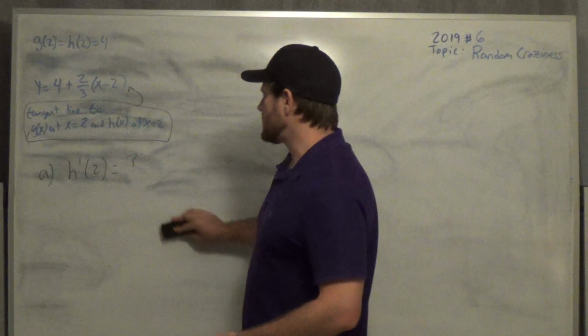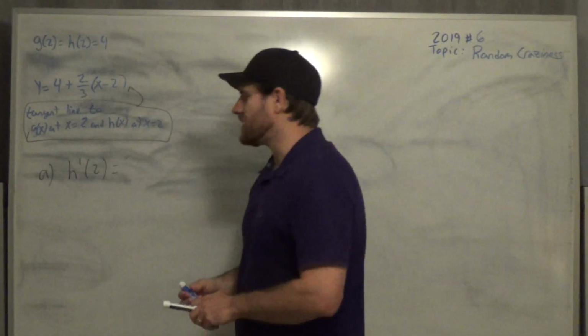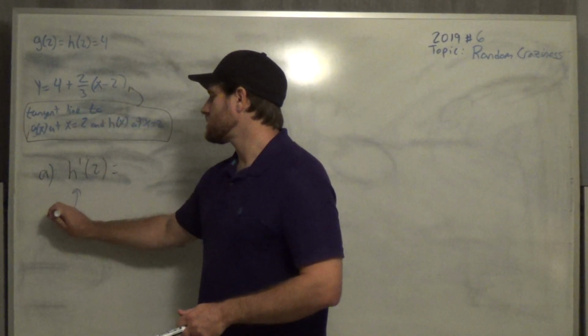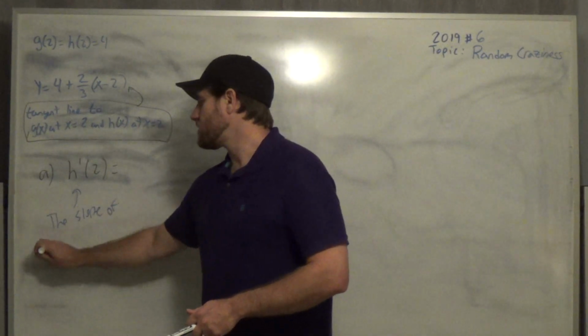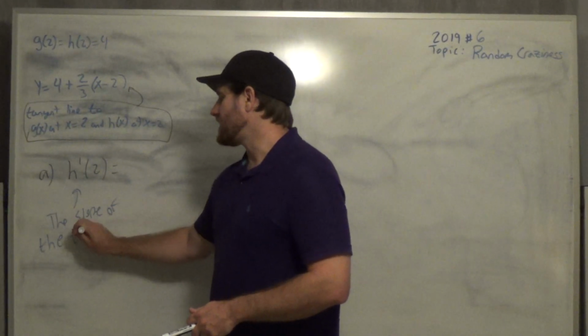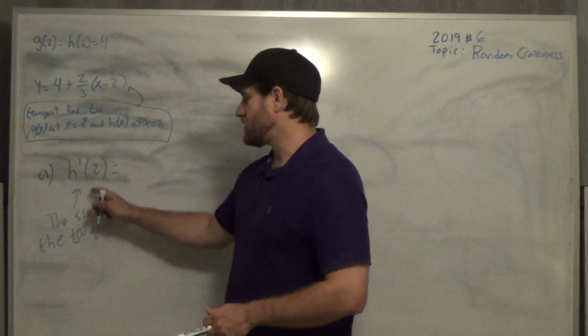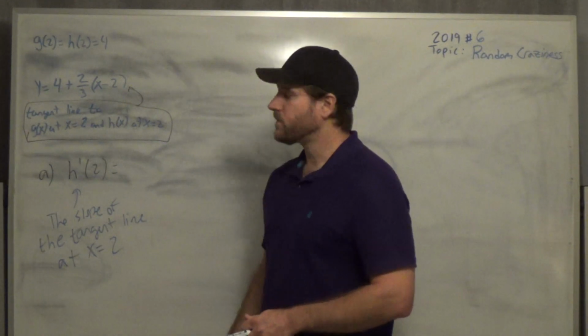The right answer is incredibly easy because you have to think, what does this mean? h prime 2 means the slope of the tangent line, specifically at x equals 2.